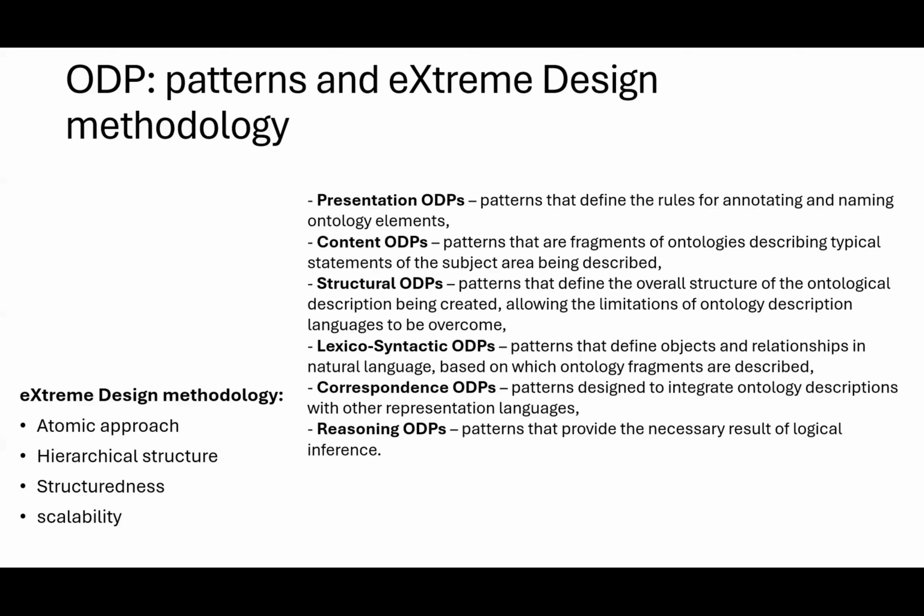And lexico-semantic ODPs are patterns that define objects and relations in a natural language, based on which ontology fragments are described. Correspondence ODPs and reasoning ODPs are additional patterns that can provide results of logical inference or integrate the ontology description with other languages.